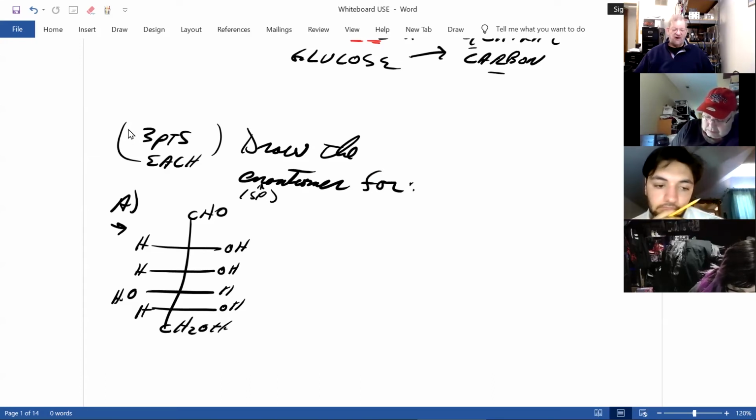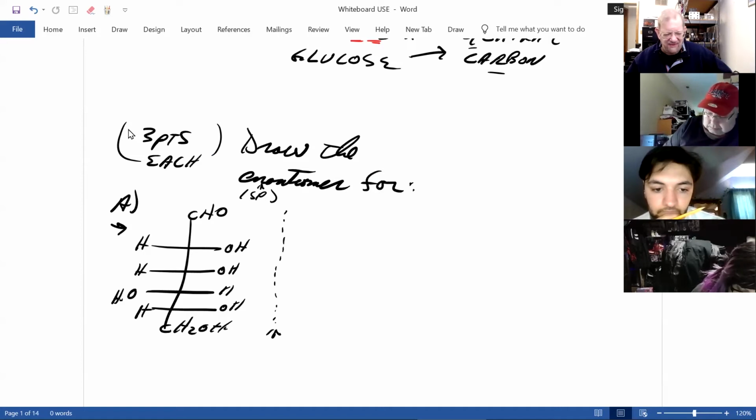I'm asking you to draw the mirror image. Well, how do you do that? Now, you don't have to do what I'm going to do, but I like a mnemonic device for my memory and brain to put in my mirror like this. This is my mirror. Now, you don't have to do this, but it helps me.